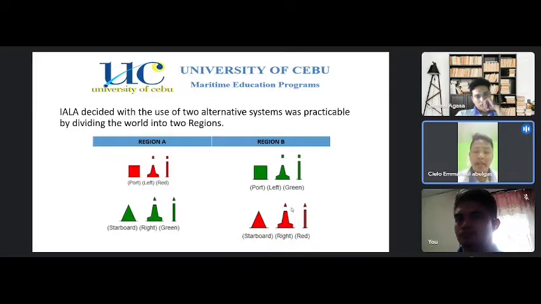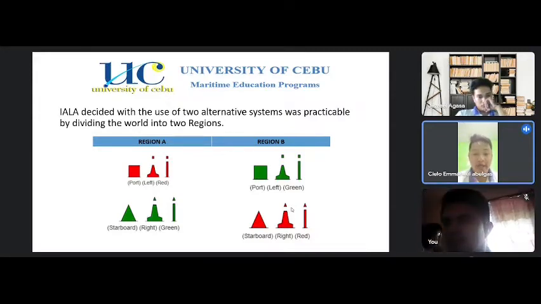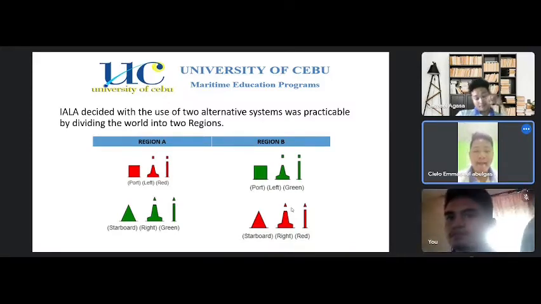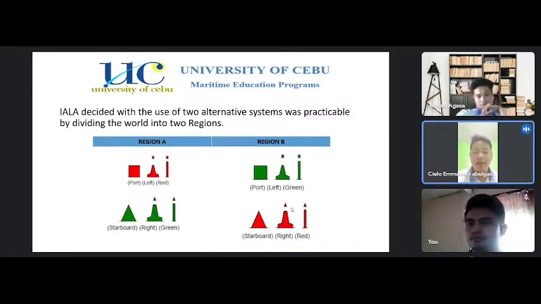In that region, the port, left, is red and the starboard, right, is green. In region B, which is North and South America, the port, left, is green and the starboard, right, is red. Next will be discussed by Andre Abellana.